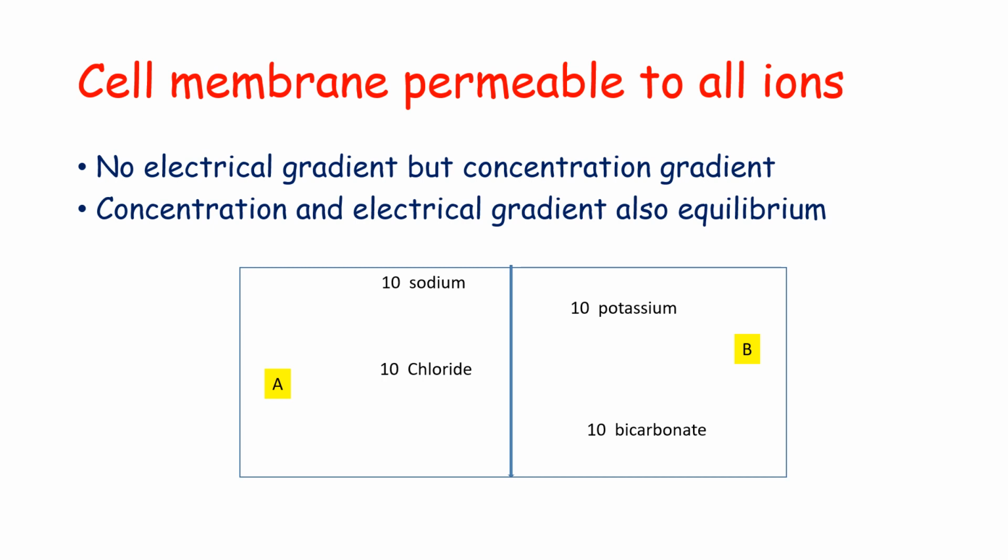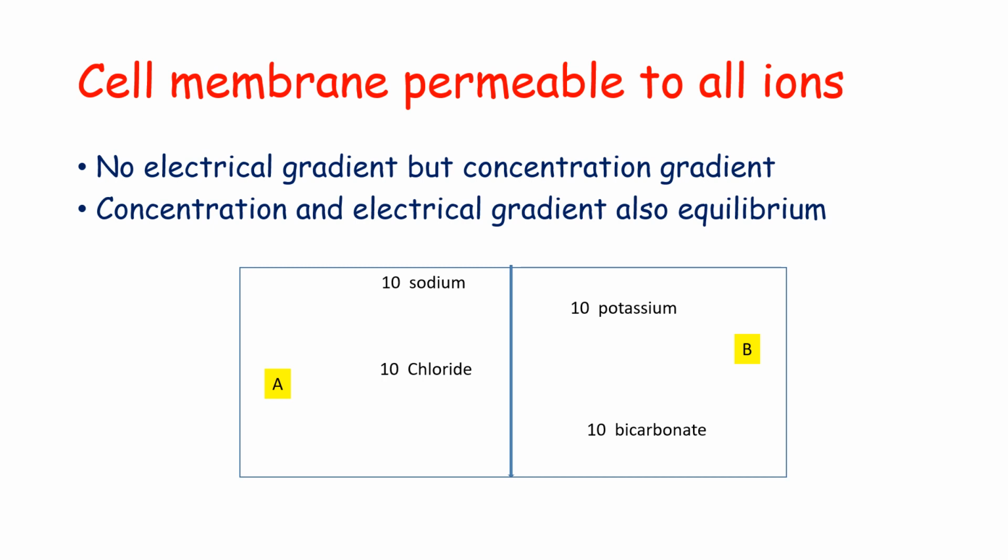So the number of cations, sodium, is equal to the number of anions, chloride, in chamber A. And this also applies to chamber B: the number of cations, 10 potassium, is equal to 10 bicarbonate. So the number of cations and anions in each chamber is equal, satisfying the first statement. Now the second statement is that the sum total of cations and anions in chamber A is equal to the number of cations and anions in chamber B.